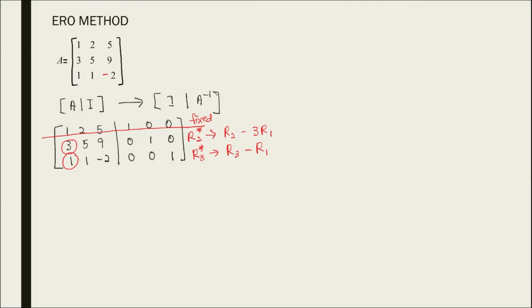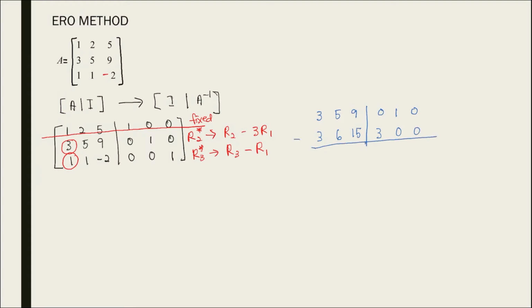So let's start with row 2. Row 2 minus 3 row 1. So I'm going to write all the elements in row 2: 3, 5, 9, 0, 1, 0. Okay, minus 3 times row 1. So row 1 is 1, 2, 5, and then you have to multiply with 3, which then gives you 3, 6, 5 times 3 is 15, 1 times 3 is 3, 0, 0.